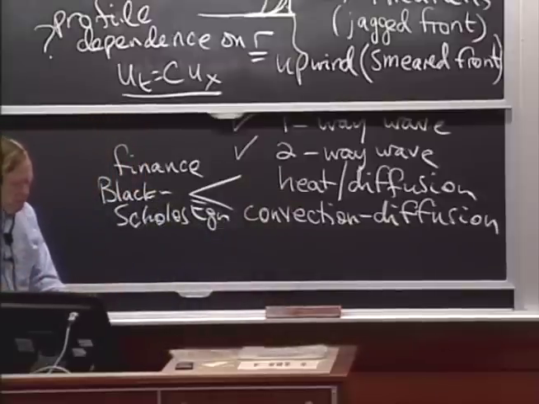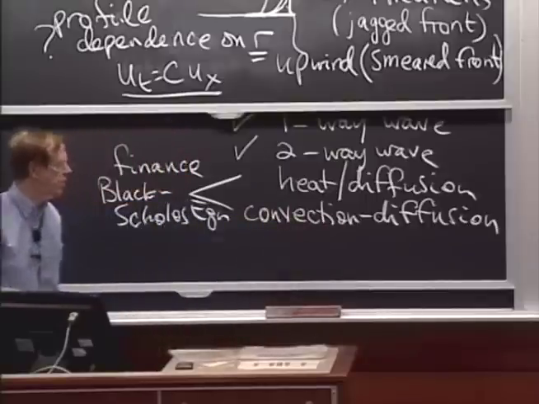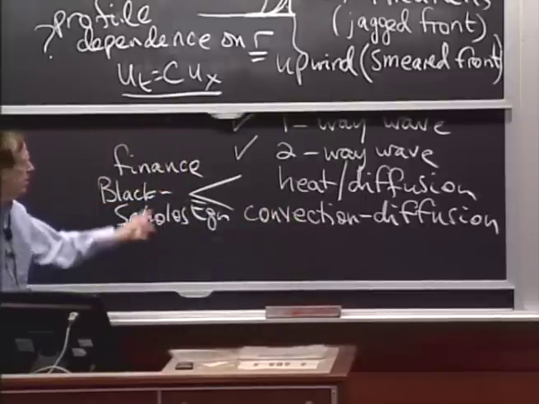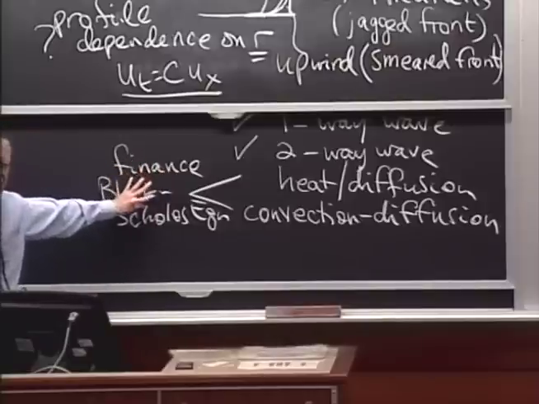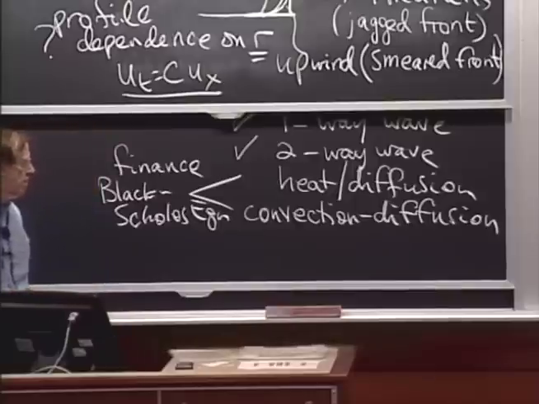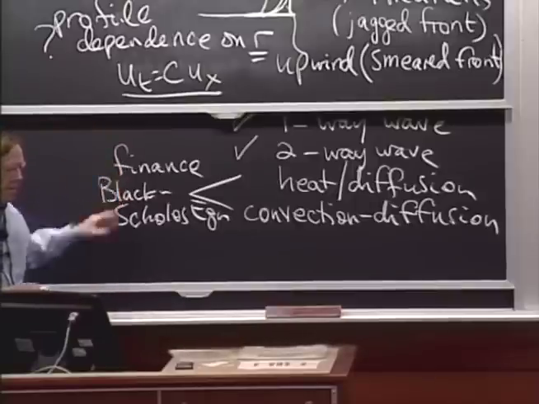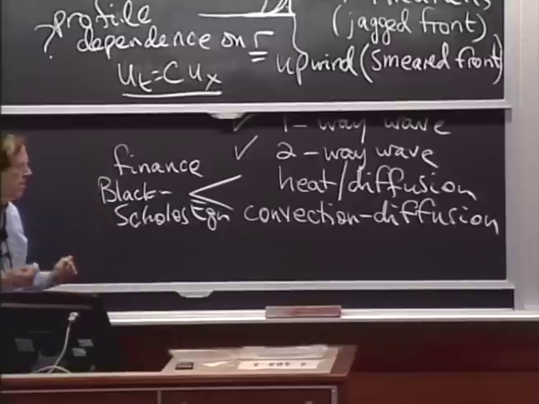And additional correction terms will produce a convection diffusion equation. So this is an application that we wouldn't have made some years ago, but now it's worth focusing on. I think it's interesting in itself.